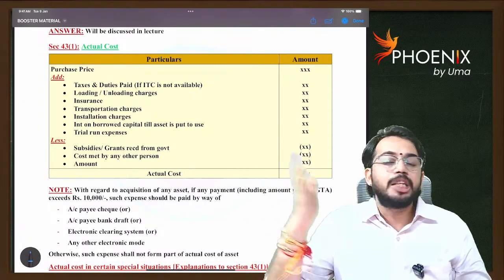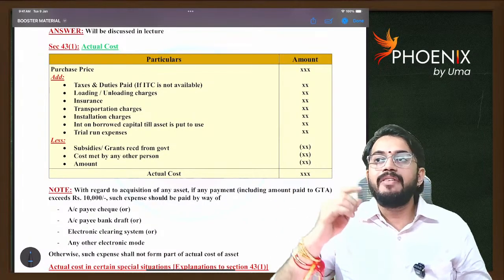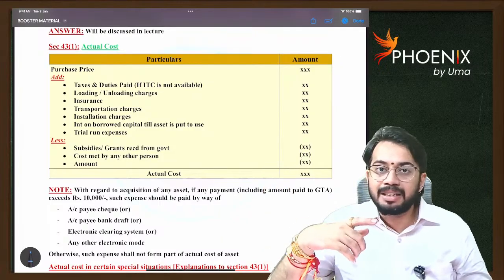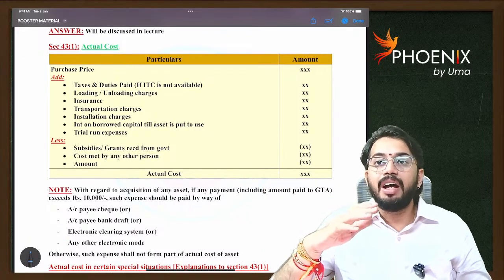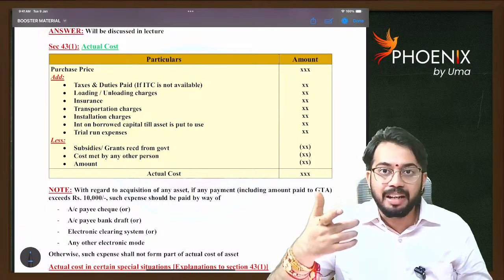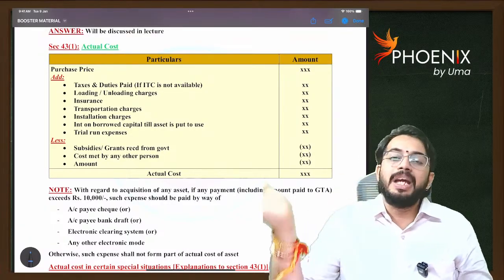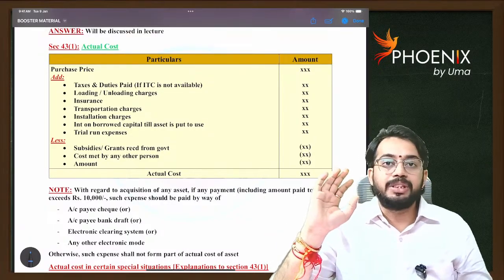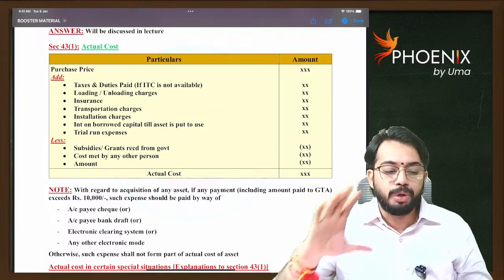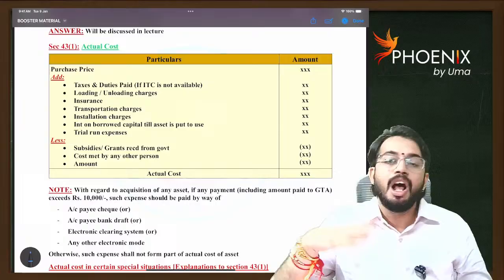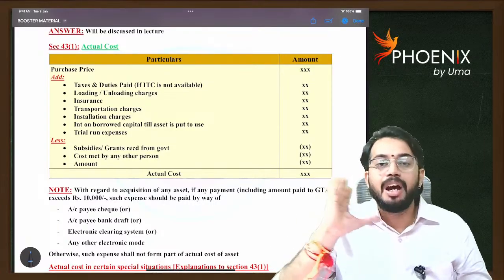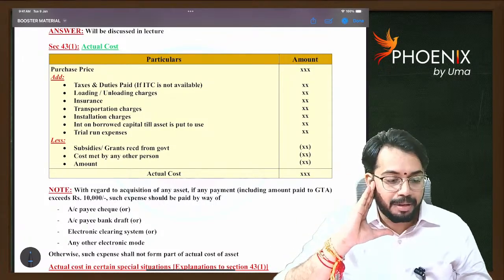Whatever the transportation expenses, insurance charges, loading and unloading charges, and trial run charges are there, all these expenses are to be added to the cost of the machinery till the asset is put to use. Whatever the expenses incurred till the asset is put to use, all those expenses will be added to the cost of the asset. Are you able to understand?